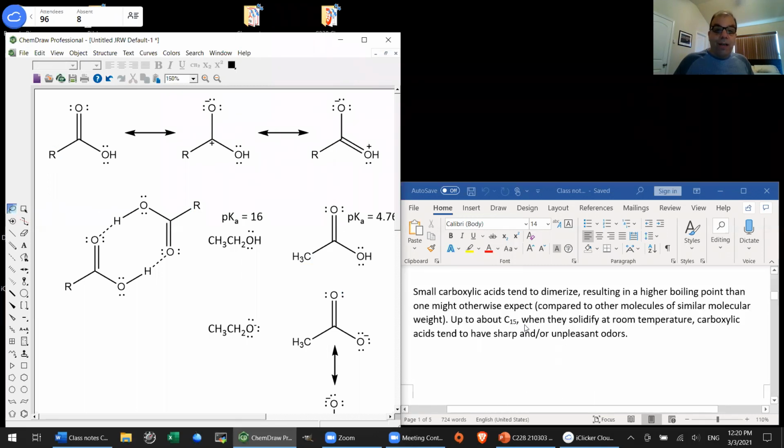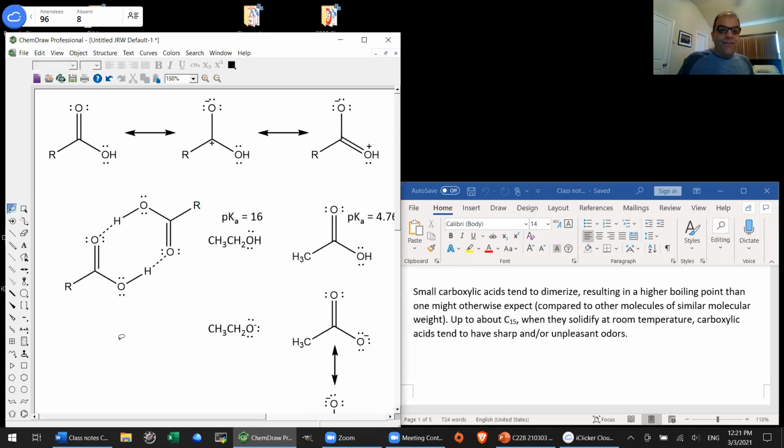So another interesting feature of carboxylic acids, at least for smaller ones, is they tend to form these dimers, which look something like this, and involve two hydrogen bonds.